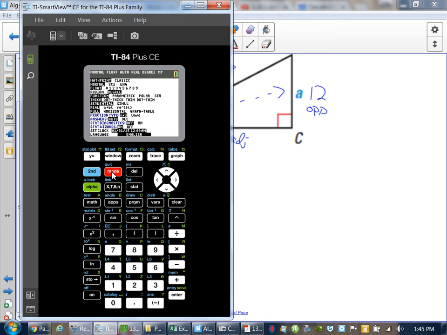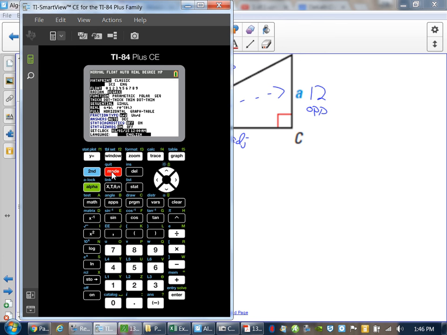If your batteries ever fall out, no, I'm being serious, it'll reset itself, so you have to re-hit mode and put it back into degree mode. The only other thing I can think of is if the battery completely dies on you before you recharge, you might have to reset it. So always hit the button and double check that you're in degree mode.